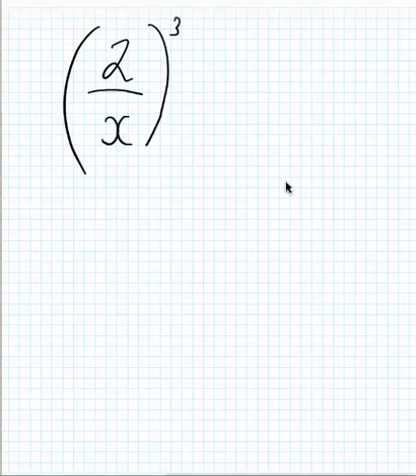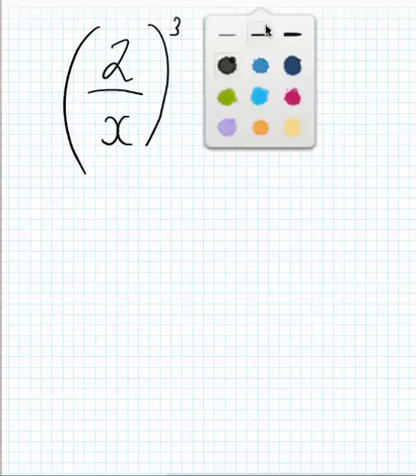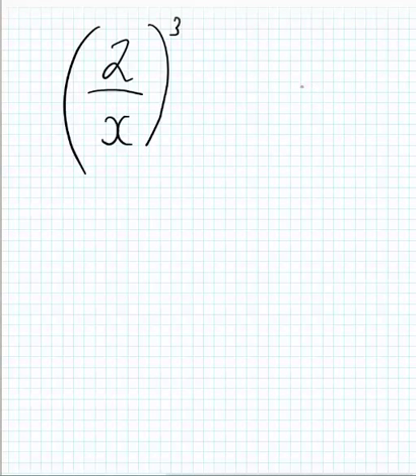Now our next example involves a fraction. And you notice that we've got 2 over x and there's a power 3 outside. And these big brackets obviously indicate that the 2 and the x are both inside these brackets. And this is exactly the same as what we did before. Every power on the inside, this has a power 1, that has a power 1, gets multiplied with the 3.